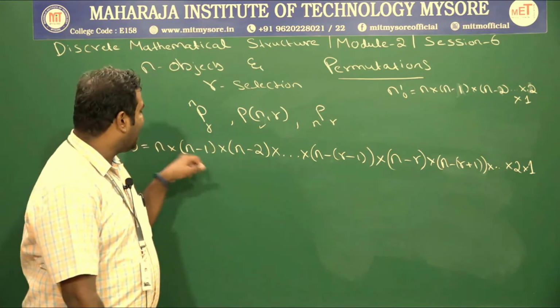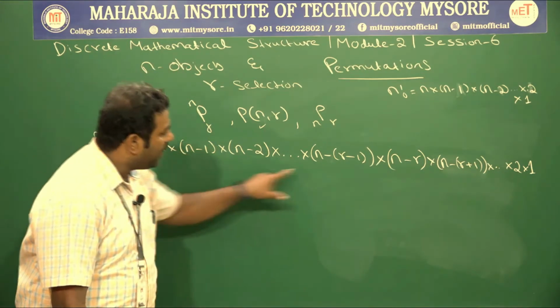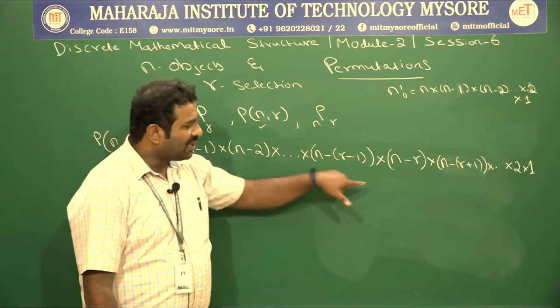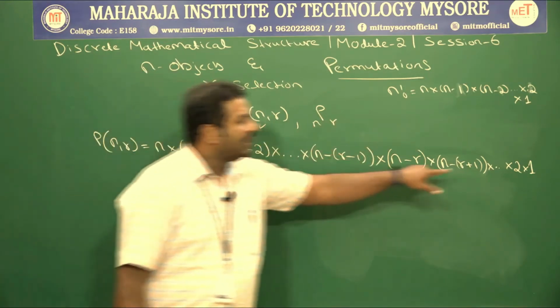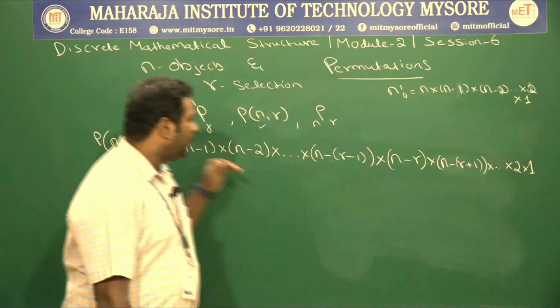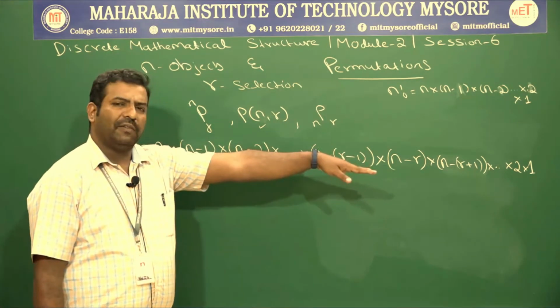Is it fine? Because I started at n. Somewhere I reached this point, but still I continue and stop at 1, because n will keep on decrementing and will reach 1.